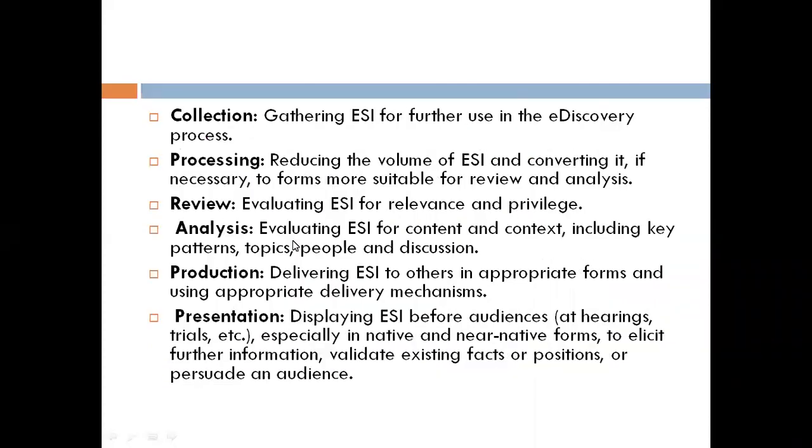Next, we will go to the collection process. In this collection, we will gather all ESI information, and we will further use this ESI information for the e-discovery process. Next, after collecting and preserving are over, we go to the processing.